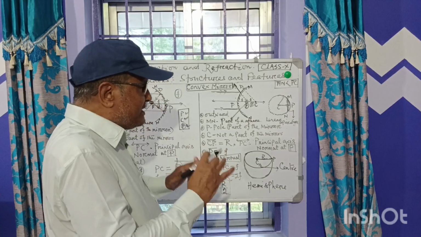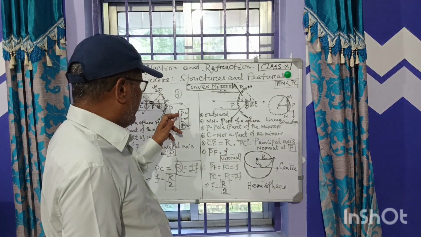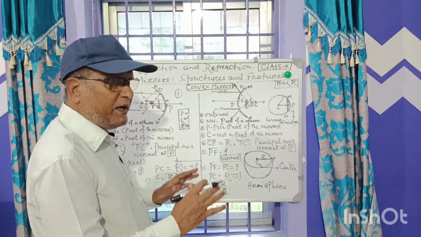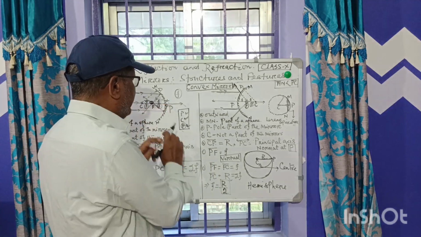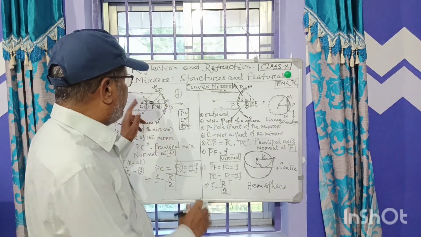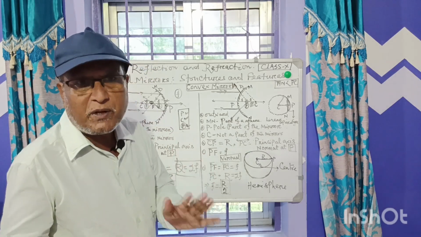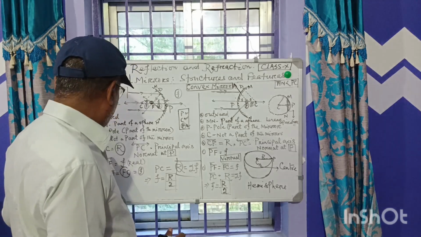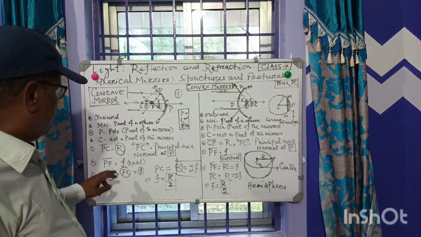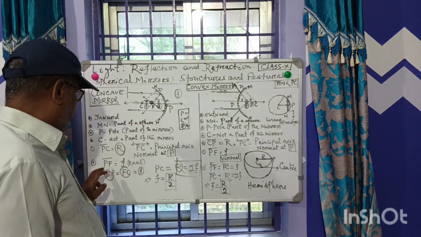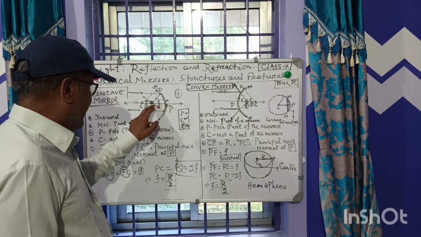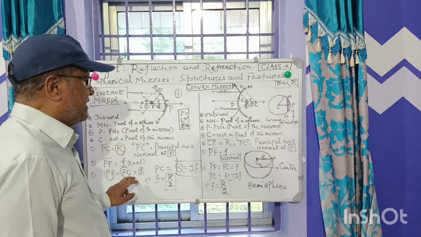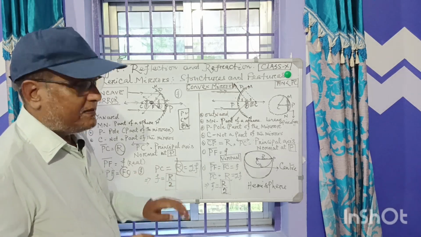So let's establish the relationship among P, C, and F. F is the midpoint of PC, and PC is the radius of curvature denoted by the symbol capital R. So PC is equal to R. Then PF is equal to FC is equal to focal length.